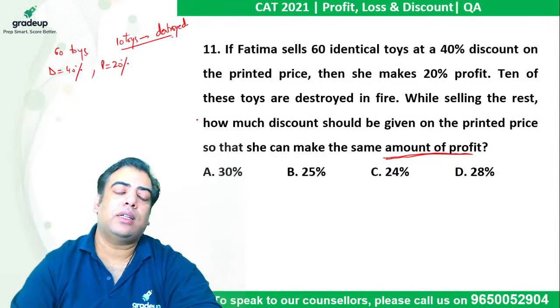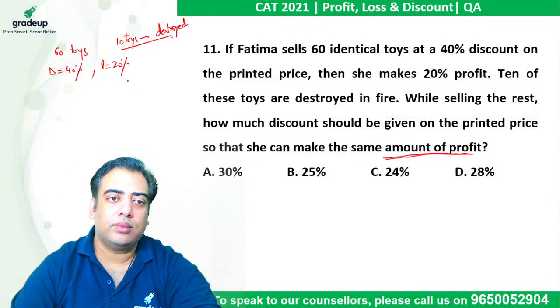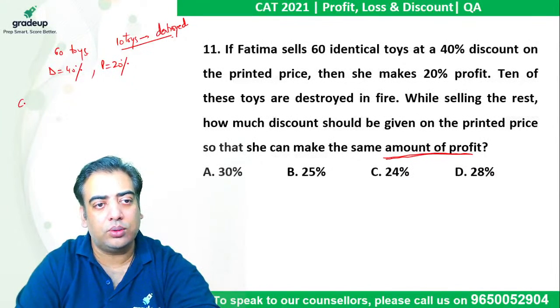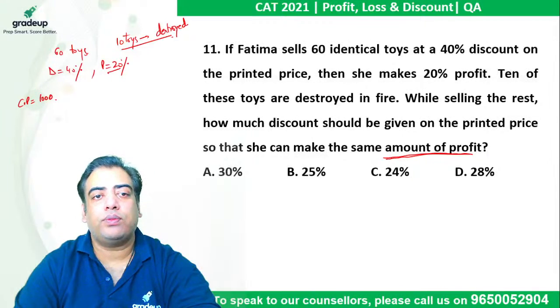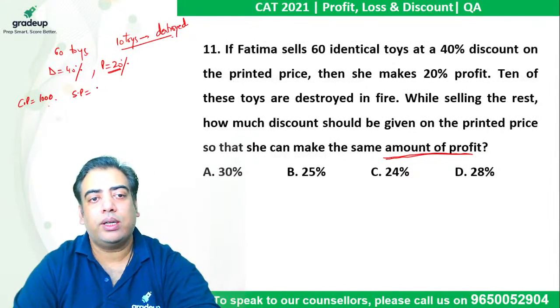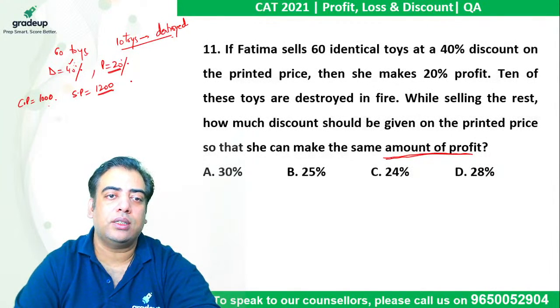Right, so let's assume some cost price and some values here. Let's assume the cost price of the article is rupees 1000. You are making a profit of 20%, which means the selling price must be 1200 in this case. And 1200 is the selling price after giving a discount of 40%.